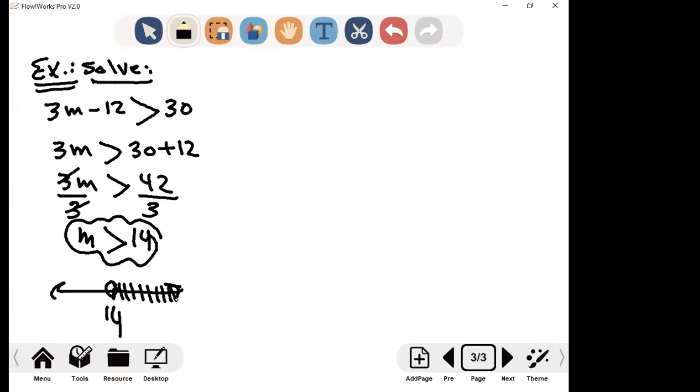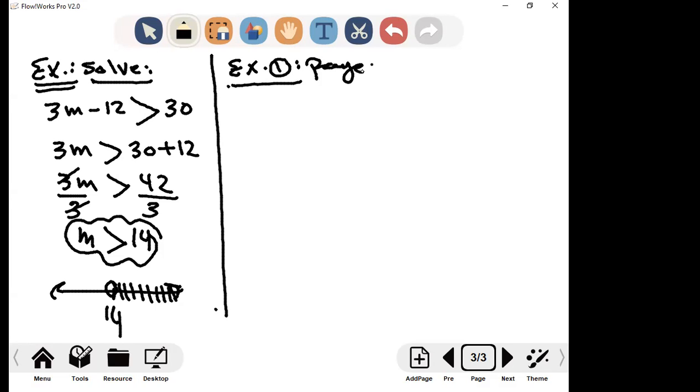Got it? Let's go to example 1, page 374. Example 1, page 374, and please pay attention here.